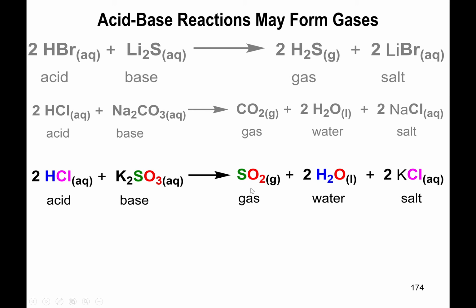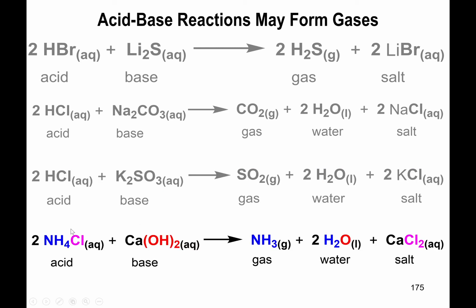This particular gas, unlike CO2, is toxic and does have a rather unpleasant smell. So typically we don't do this in labs, although it's not completely out of the question. Some classes do have you perform qualitative analysis where you form SO2 as a gas. You also form water and you also form a salt associated with the cation of the base and the anion of the acid.